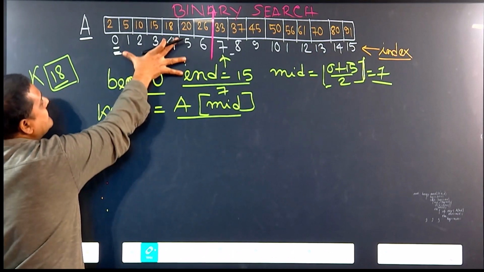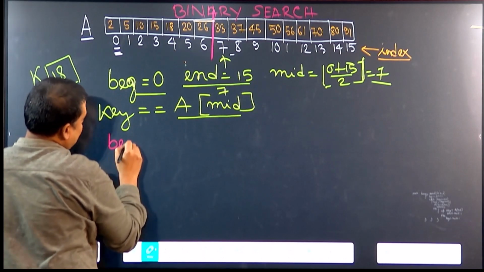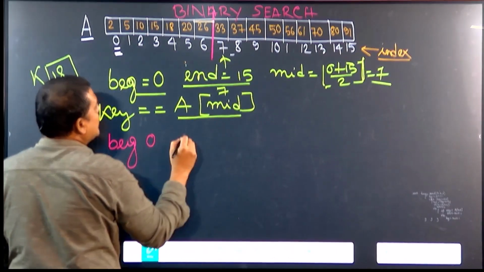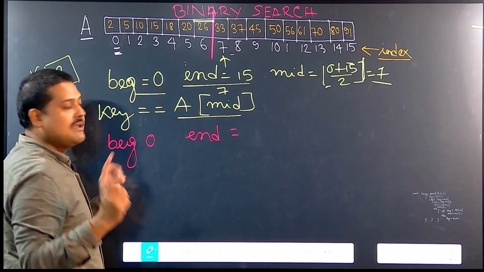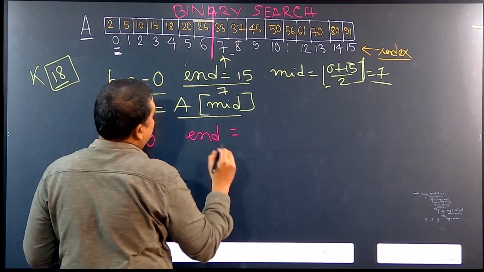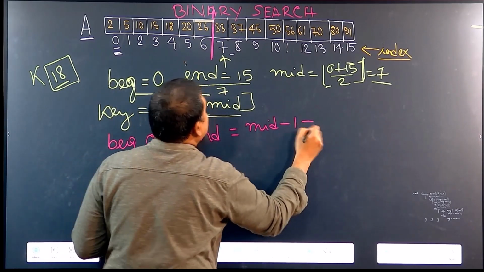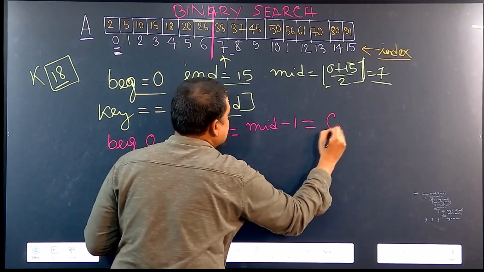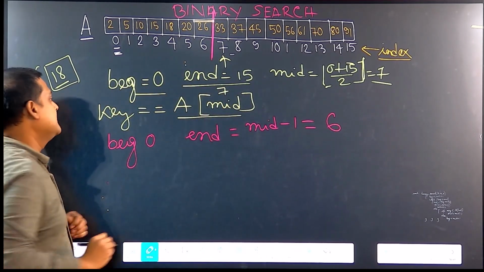My target list is this one. Now, the beginning will not change, beginning will be 0, and the end index, from where to where we are searching, is middle minus 1, that means 6. So, I have to search from 0th index to 6th index. Okay. Now, what?